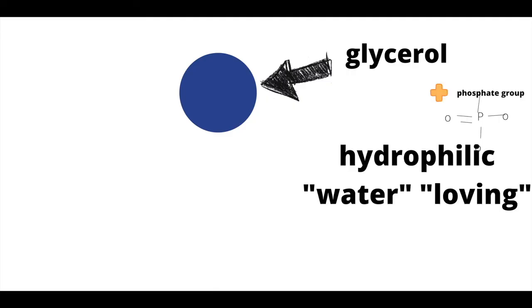Molecularly, it would look something like this, but what's really important about this phosphate group is that it makes this part of the phospholipid hydrophilic, meaning hydro, water, philic, loving. So this part of the phospholipid is water loving.